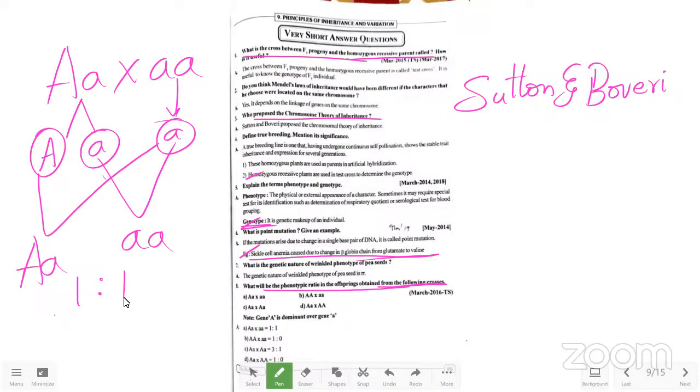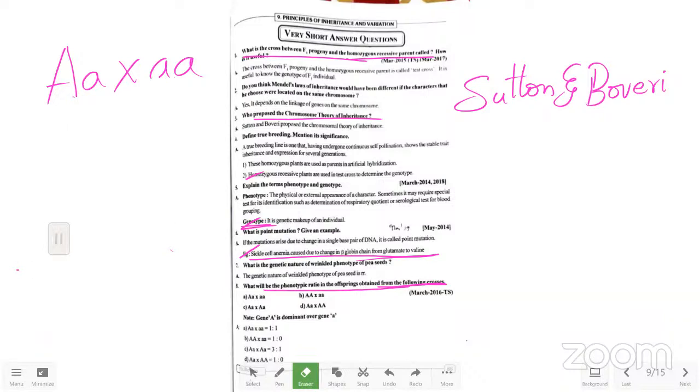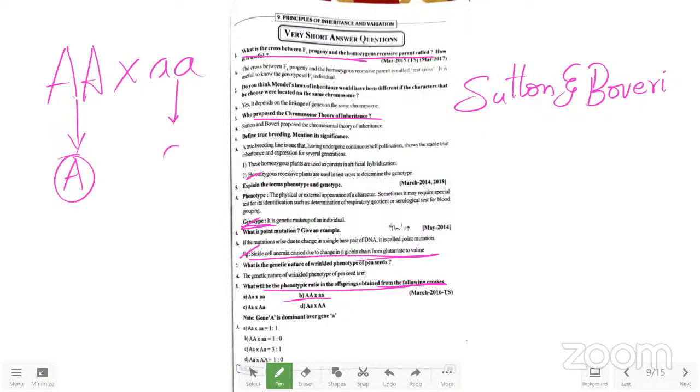The next one is capital A crossed with small a. All are dominant. Here we will get A as one gamete, here small a as one gamete, and we will get capital A, small a.